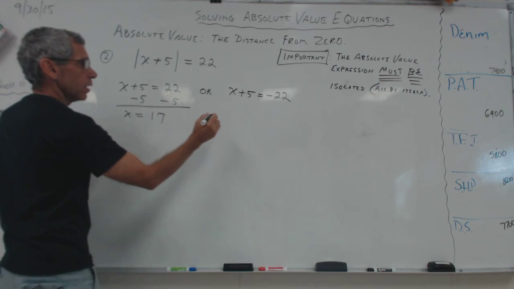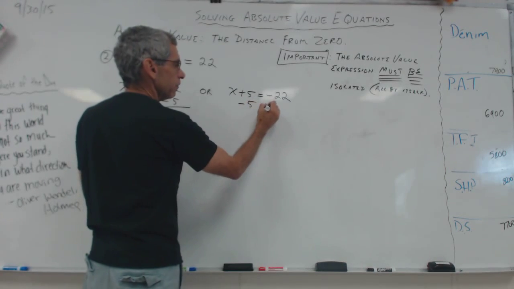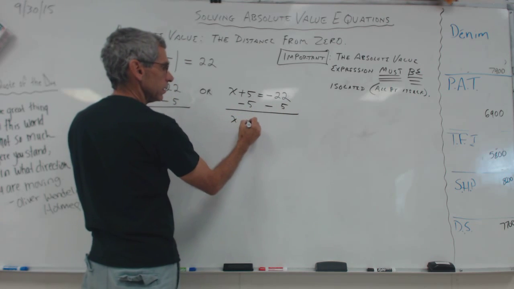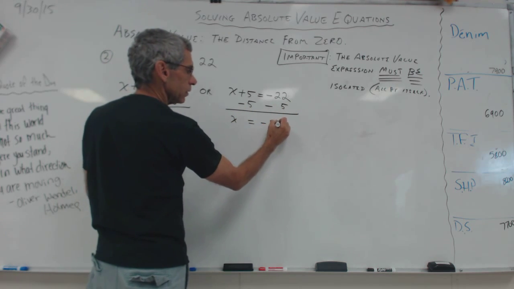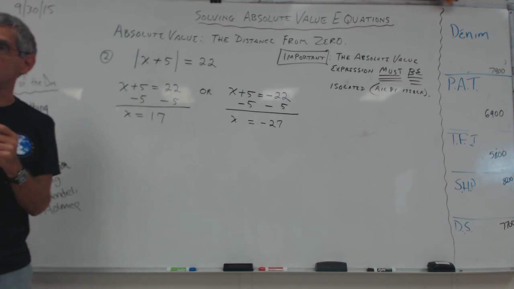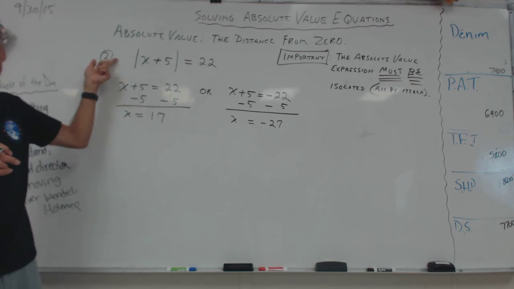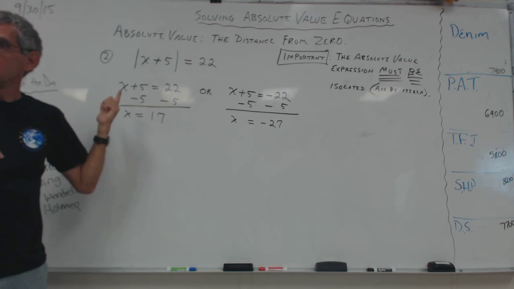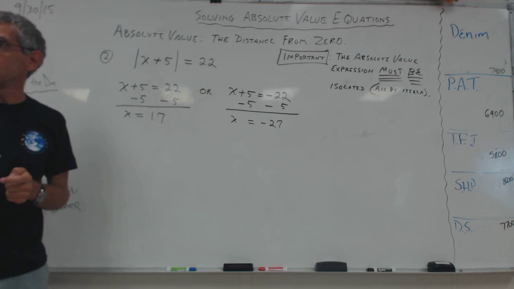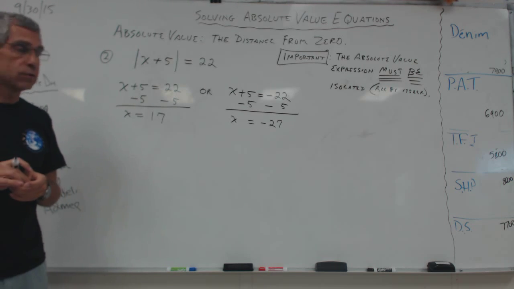And that would be minus 5 minus 5. So now we've got x equals negative 27. So you did them right, except you had the signs backwards, right? So it's hard to do these in your head. It's so much easier to write them out, and you have to have two equations always, two answers.